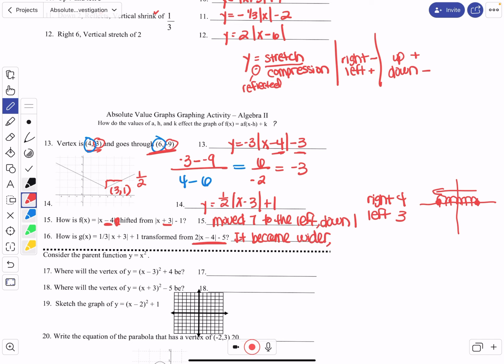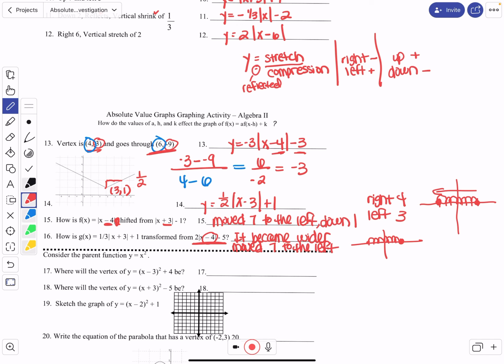Okay, if we think about this being on a number line, if we were at minus 4, that means I actually started out right 4, 1, 2, 3, 4. And then I went to the left 3, 1, 2, 3. Same thing here. I went to the right 1, 2, 3, 4, 5, 6, 7. So moved 7 to the left.